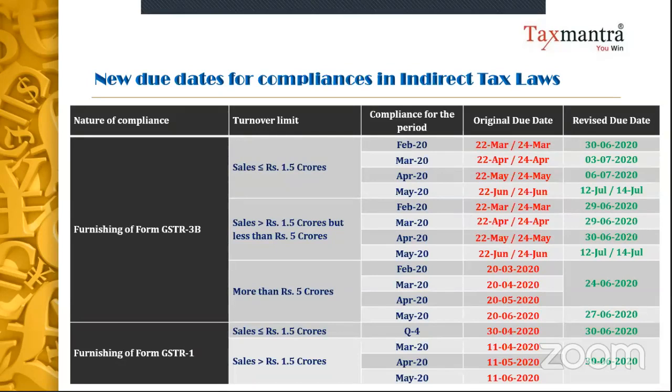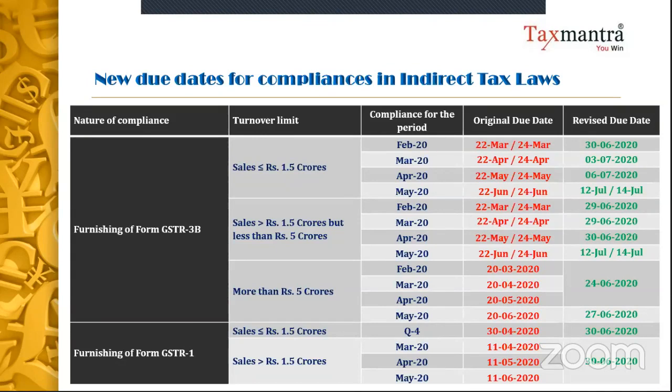Now it has been extended to the 3rd of July. For the month of April, the original due date was 22nd May, 24th May. The revised due date would be the 6th of July 2020. In case of May GST 3B filing, the earlier due date was 22nd of June or 24th of June. It is now 12th of July or 14th of July.